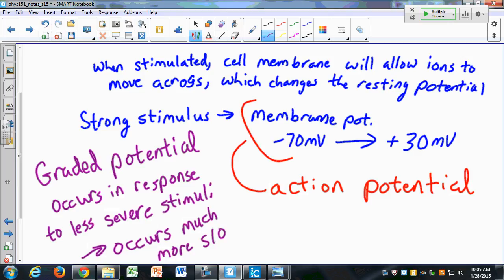So the action potential occurs really quickly because you need it to, right? If you have this dangerous stimuli that's being applied to your body, you need that to occur very quickly. And so those neurons act very quickly, that action potential. But if you have something that's less severe, it causes a graded potential, and your membrane potential might not get quite as high, and it doesn't occur quite as quickly as the action potential does.